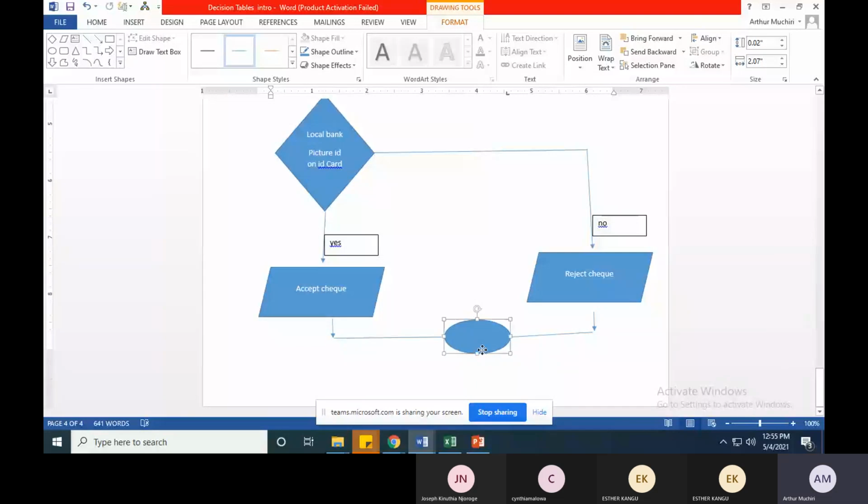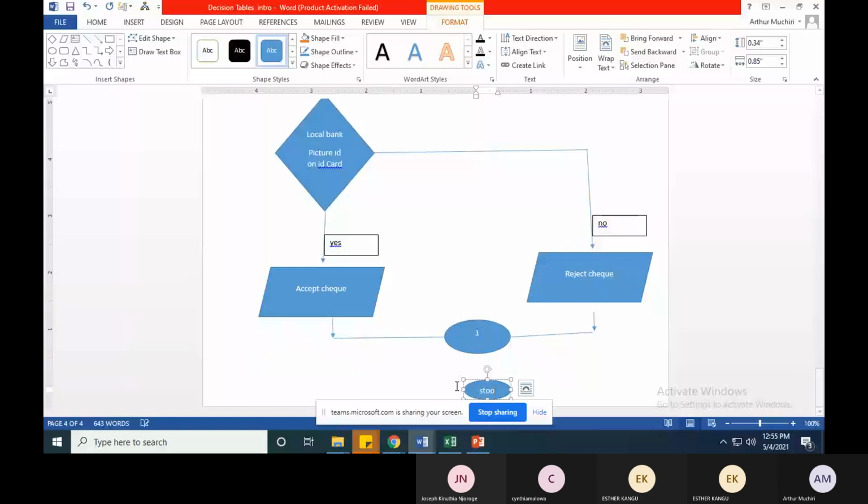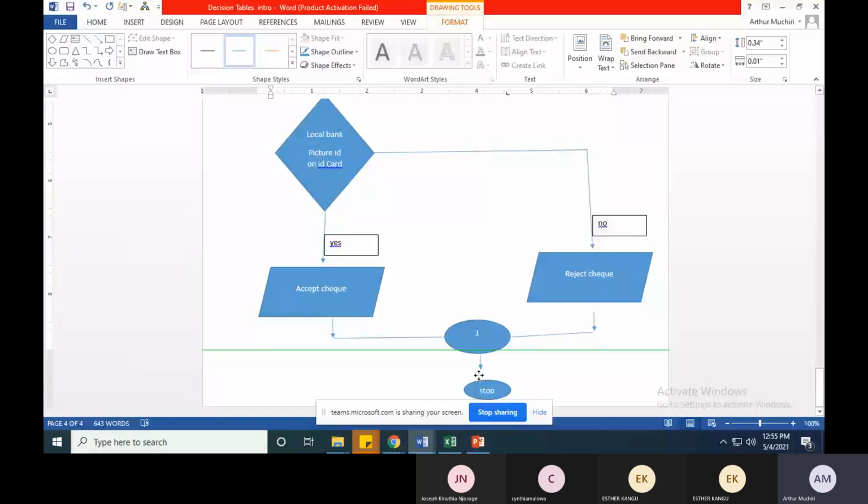So once you join it, you put a one, and then at the end we put a stop. So that is the flowchart. I didn't mean to draw it, but I wanted you to understand what is happening in that system.